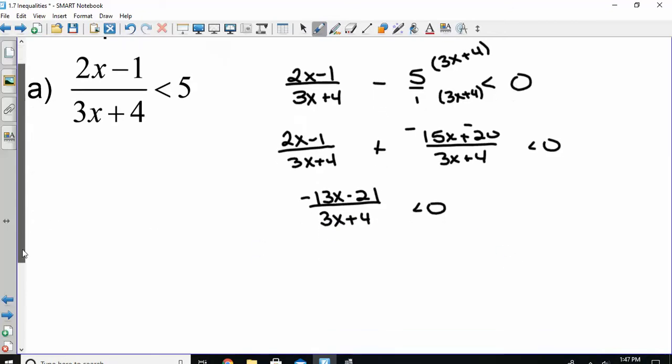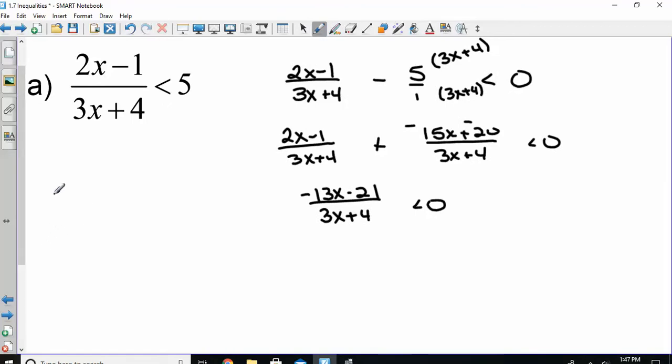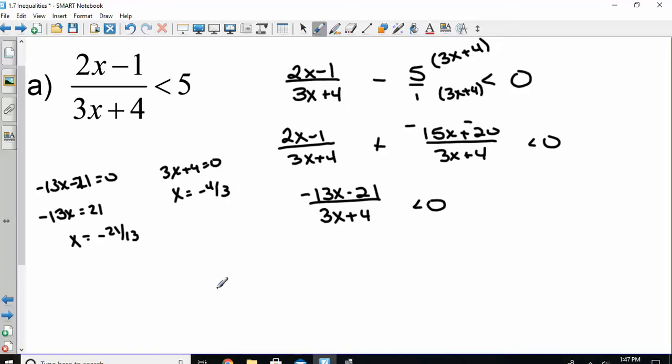So some uglier fractions, but not a big deal. You have to know it makes top and bottom equal 0, so if you can't tell, work it out. So you get a negative 21 over 13 and a negative 4/3.